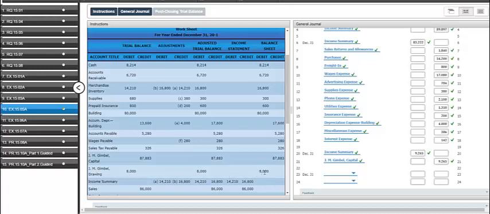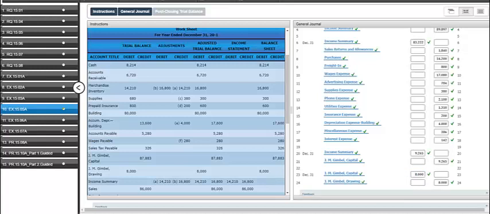Drawing has a debit, so in order to close it, we're going to credit it. So drawing gets a credit of $8,000, and we're going to close that directly to the capital account, because remember, drawing reduces the amount of capital, so we're going to debit capital to make it go down.